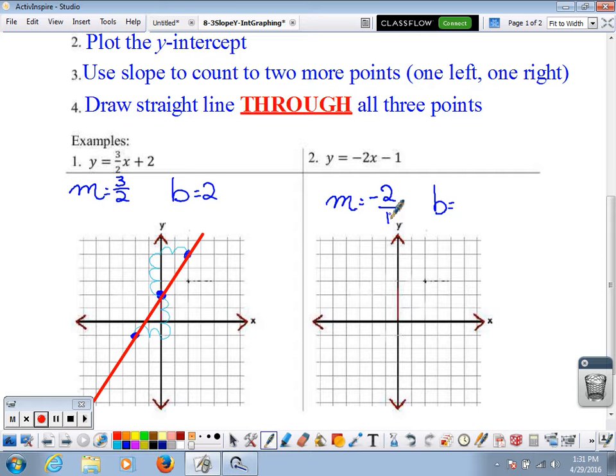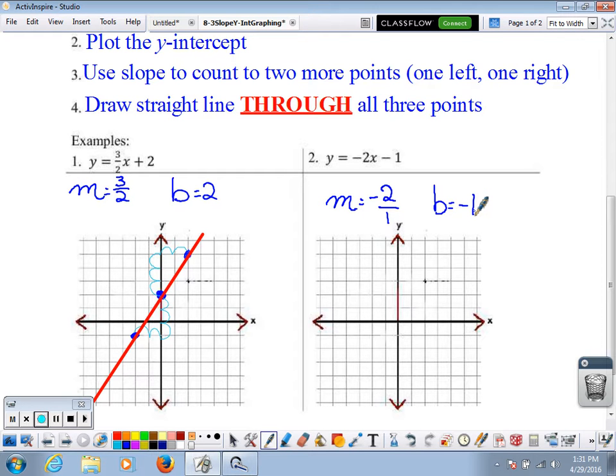What should we notice about that constant term, Bergie? Sorry? It subtracts 1 instead of adding 1. So what does that mean about b? It's -1. Very good. So now we've identified our slope and our y-intercept.